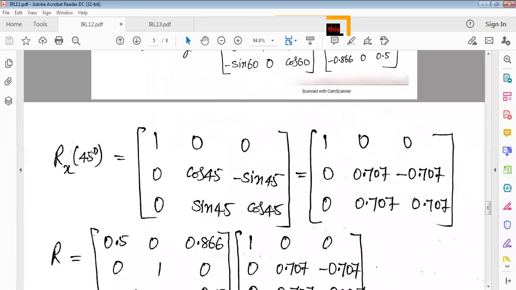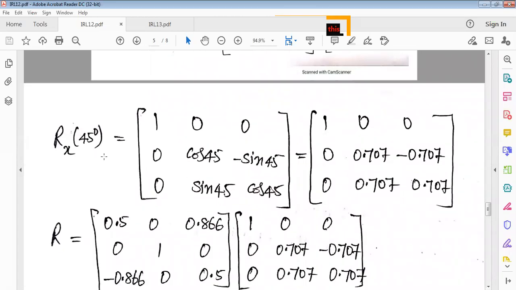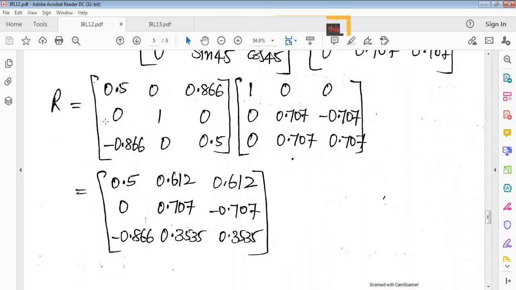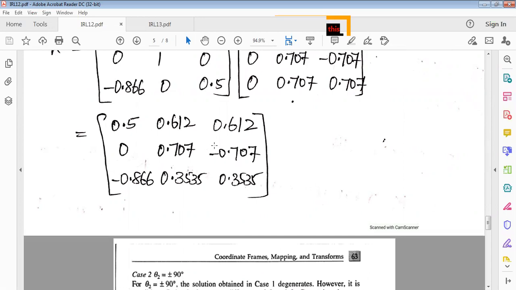Then about x-axis by an angle 45 degrees: 1, 0, 0, 0, 0, cos 45, minus sin 45, 0, sin 45, cos 45. Okay, cos 45 and sin 45 values are 0.707. So now the overall rotation matrix is the product of these two matrices. So this is the result.